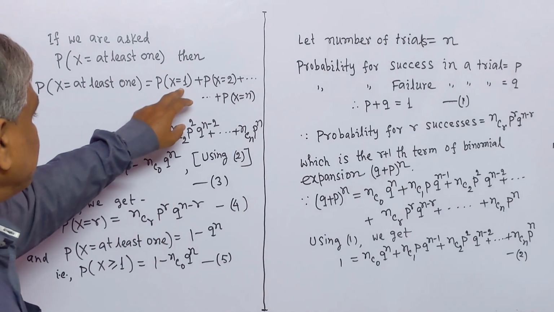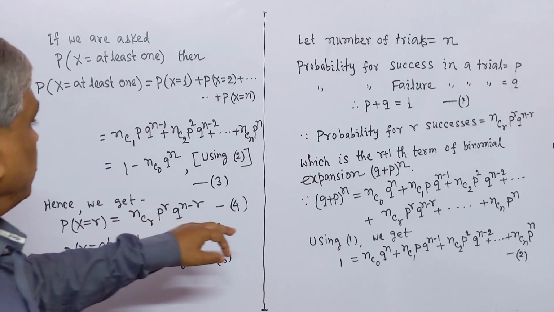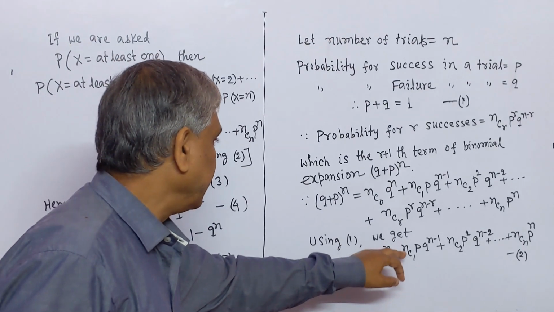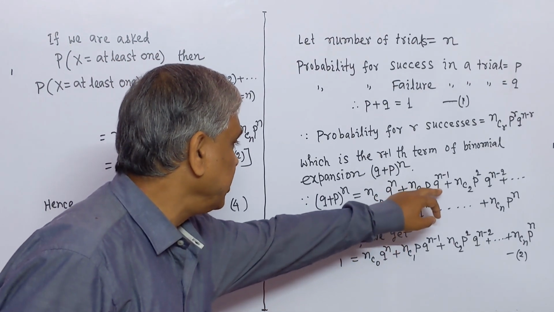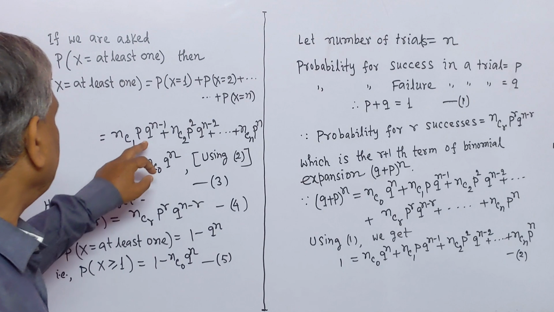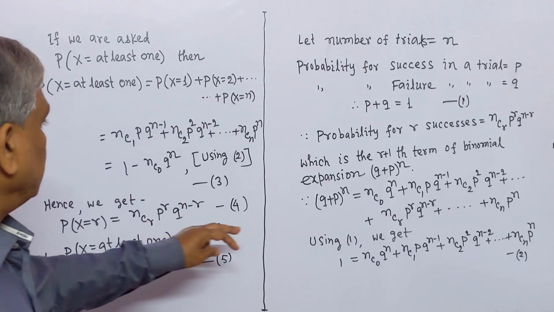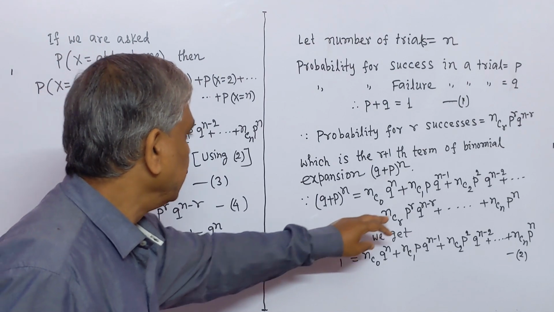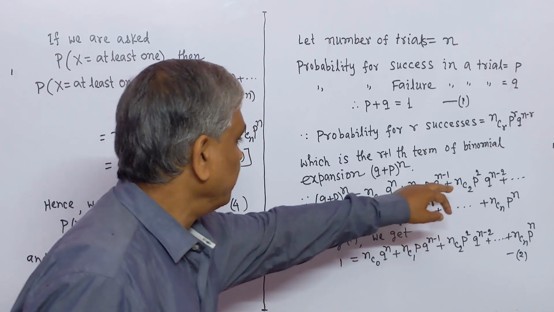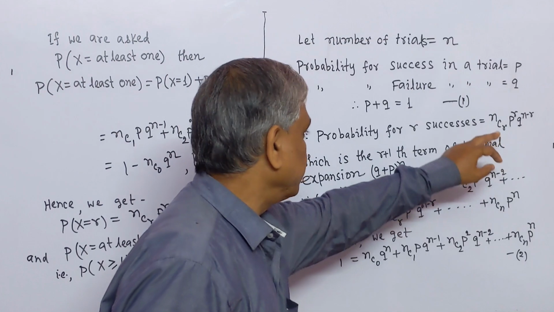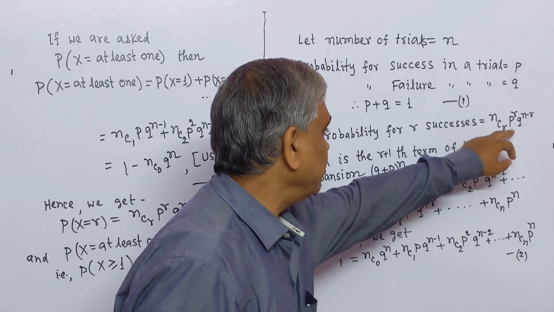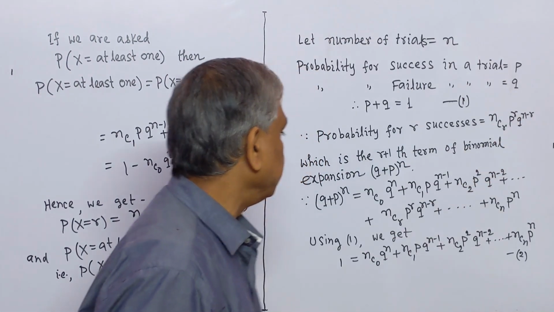For probability x equal to 1, we have here nC1 p q to the power n minus 1. Probability for x equal to 2, we get here nC2 p square q to the power n minus 2. Here in place of r we write 1, 2 and so on.